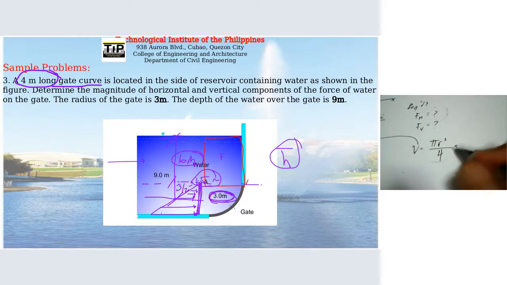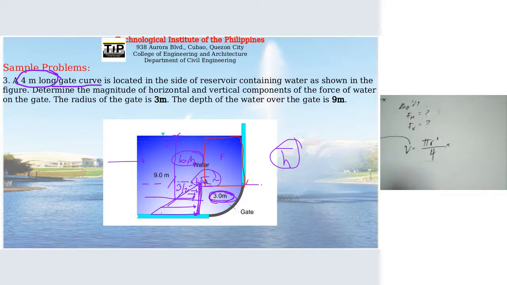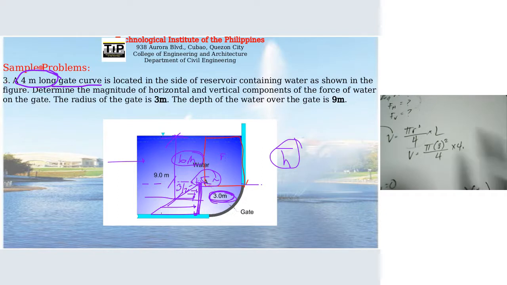And then we have to multiply the length by 4 meters. Therefore, this will be pi times r squared over 4 times 4. Okay? 3 is the radius and 4 is the length of the gate. So 4 will cancel.